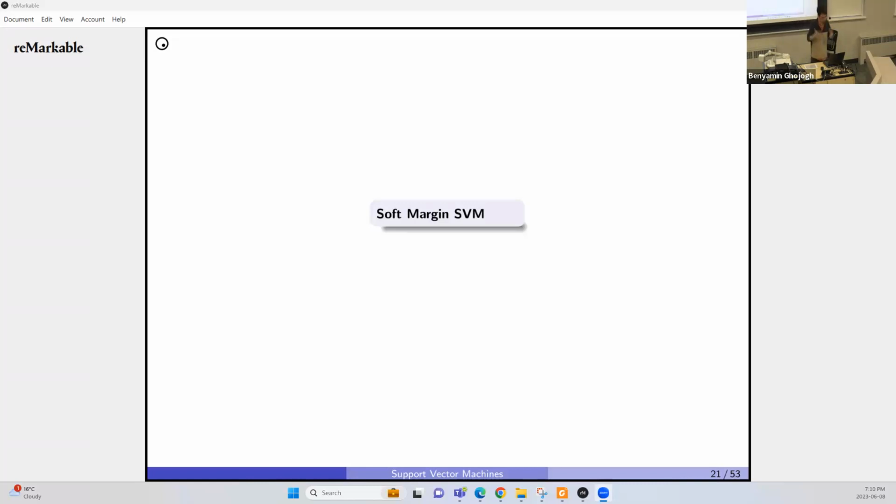If they are very nonlinear, for example, like two rings inside each other, one class and the other class, this is completely nonlinear, and you can't use even soft margin SVM for this. But what soft margin SVM wants to handle is something like this: almost linearly separable, but you might have something like this too.